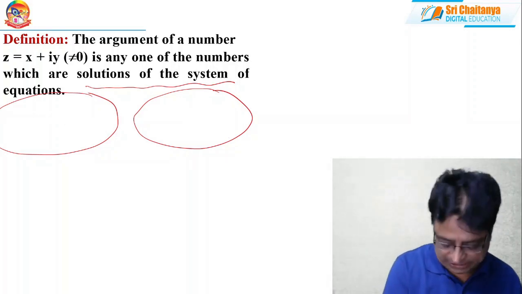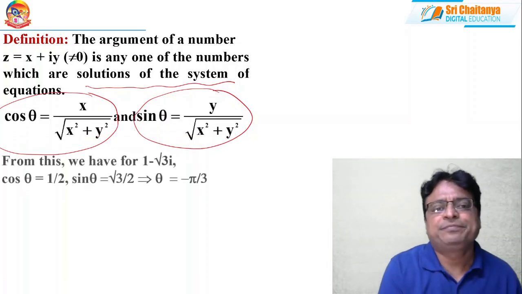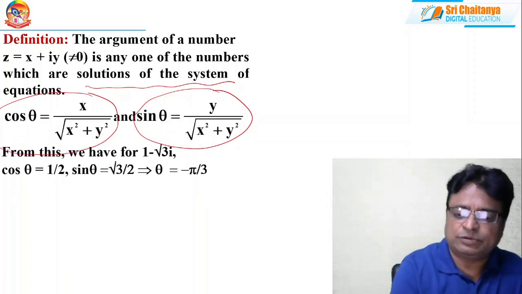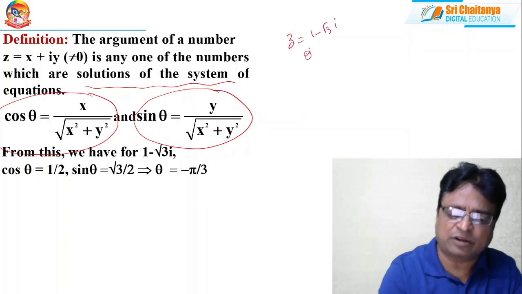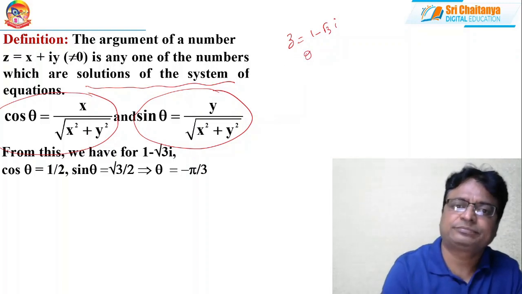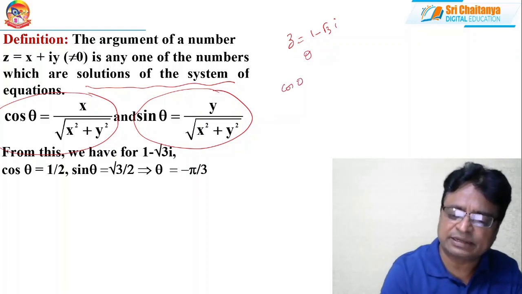For example, see here, suppose z is equal to 1 minus root 3i is given. Suppose theta is the argument of the complex number. So what is cos theta?